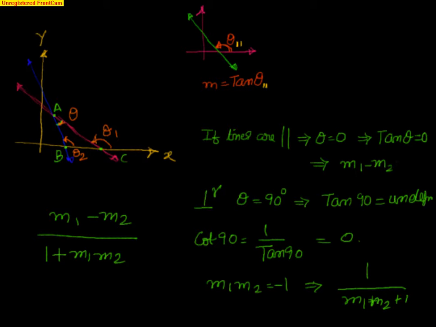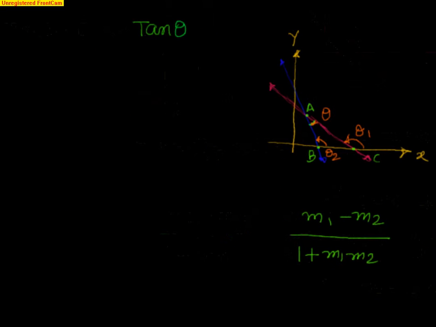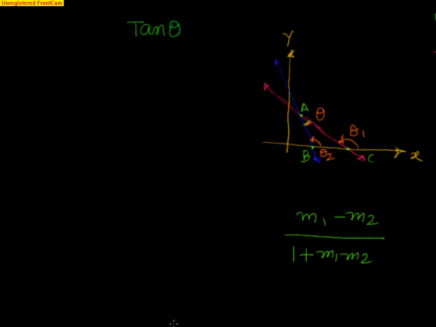Okay, there is another way of formally doing it. This is just by intuition, right? See here, if you look at the triangle ABC, exterior angle theta 1 is equal to the sum of two interior angles, theta plus theta 2. That gives me theta is equal to theta 1 minus theta 2.